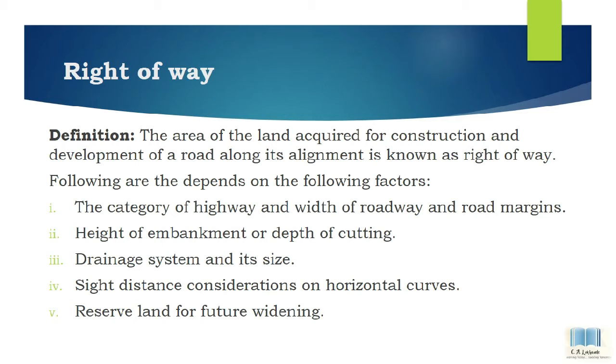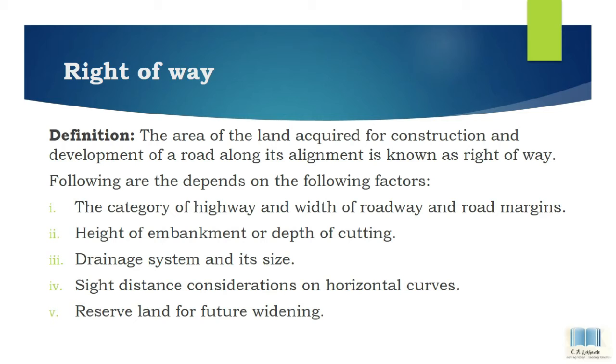Means for calculating the area, first remember what is the category of highway, also the width of highway and road margin. Then the second point is height of embankment or depth of cutting. So what is the height of embankment and the depth of cutting of the road?